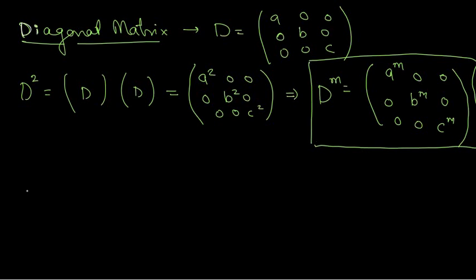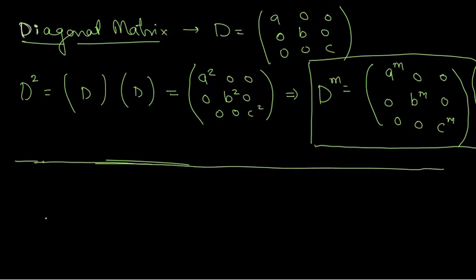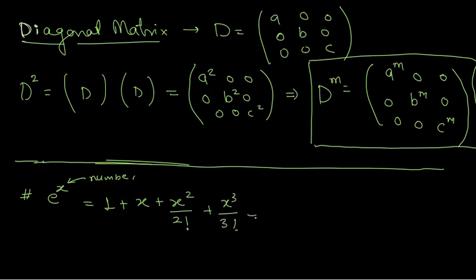If I say find e raised to power D, let's realize this by an operator form. Let's draw a line here. If I say e raised to power x, where x is a number, it will be 1 plus x plus x square by 2 factorial plus x cube by 3 factorial plus x to the 4 by 4 factorial and so on.